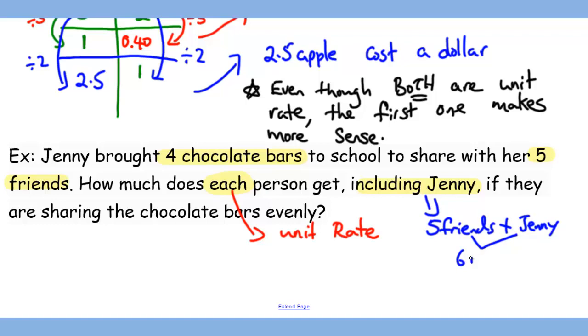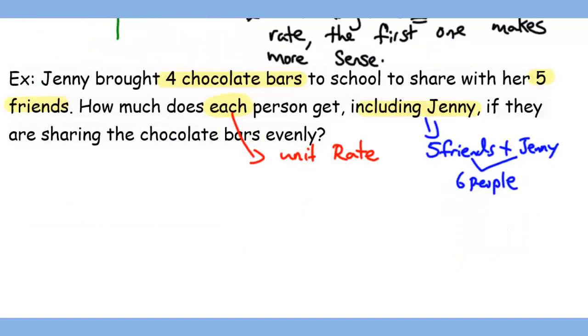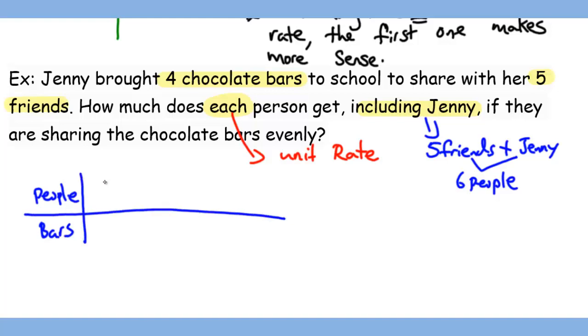Again, we will solve this using a ratio table, and let's do the ratio table horizontally. We have people to chocolate bars in this question, and we have 6 people to 4 bars right now. We want to scale it down to 1 again for both to let you see which one makes more sense.